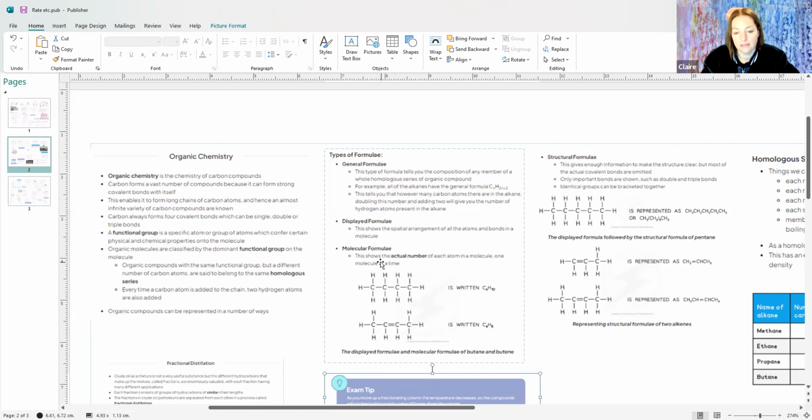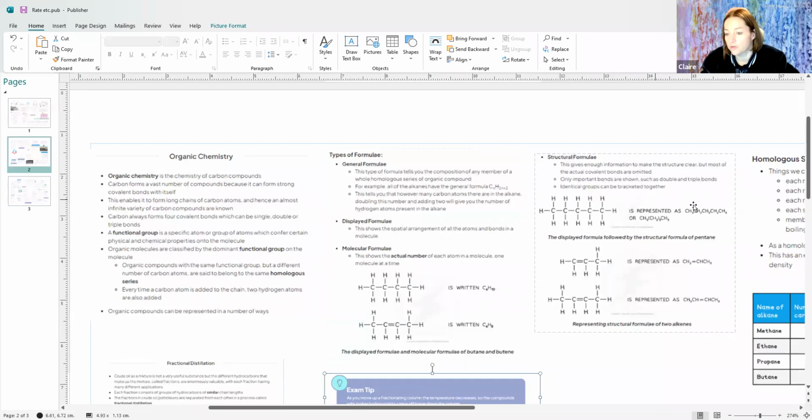Know how to write your hydrocarbons. There are different ways of writing it: display formula and molecular formula. This is your display formula, and this is your written or molecular formula, where you write the actual number.